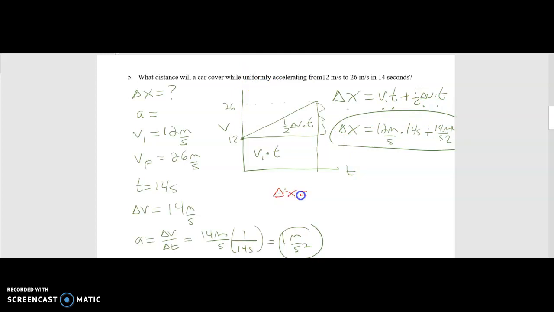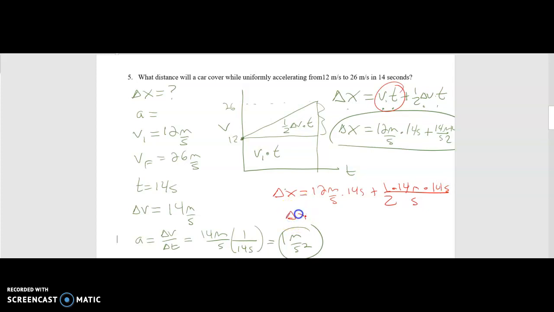Delta x equals our initial velocity times time, which is 12 meters per second times 14 seconds, plus 1/2 of our change in velocity from 12 to 26, which is 14 meters per second times the time, which is 14 seconds.